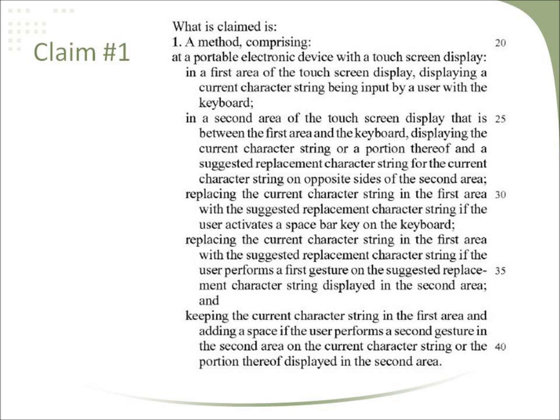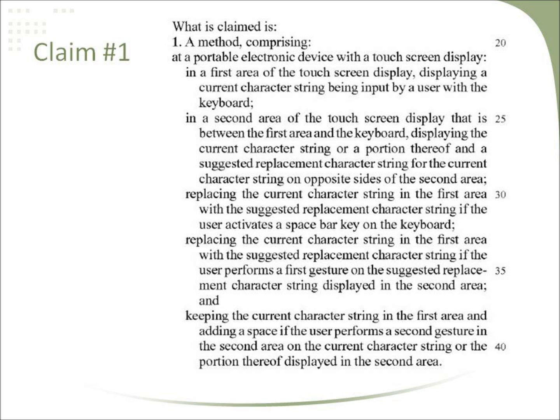On one area it would be showing that, and then in another area, which is between the first area and the keyboard, it would display the current character string, the one that was input by the user, or it may show a portion of it.